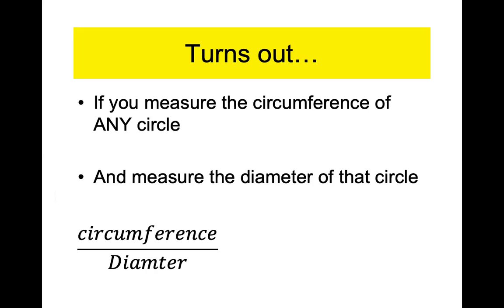You can use it for the circle on the clock. In Switzerland, they have this humongous circle that's miles wide. It's called CERN. If you measure that circle and you take its circumference and you divide it by diameter, guess what number you get every time? You get that number. Every time.